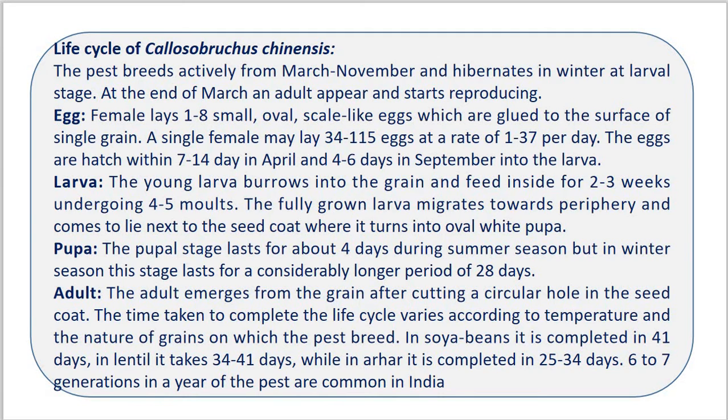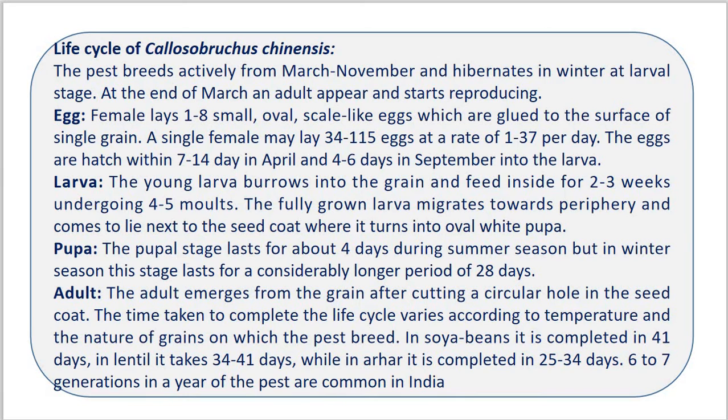A single female may lay about 34 to 115 eggs, at the rate of 1 to 37 per day. The eggs hatch within 7 to 14 days, the incubation period being about 7 to 14 days in the month of April and 4 to 6 days in the month of September. From these the larvae come.